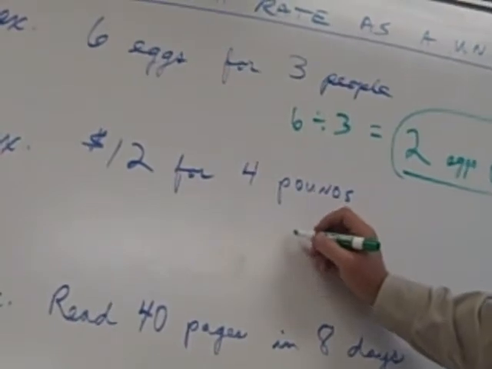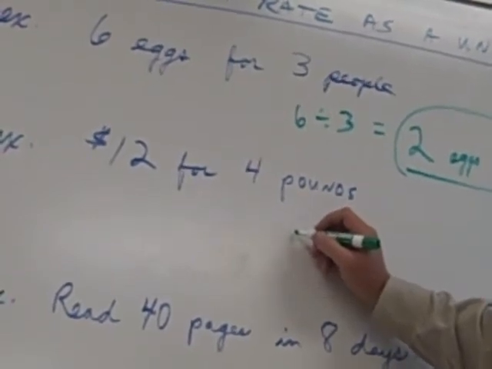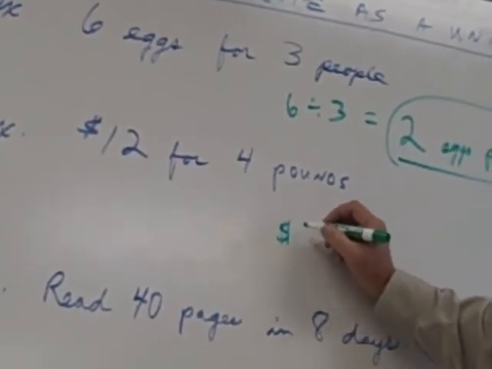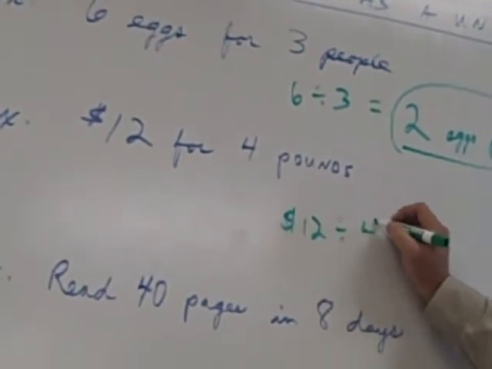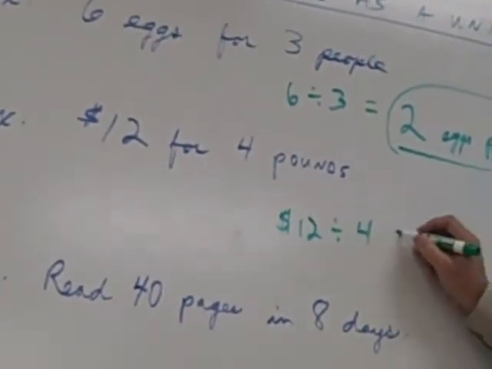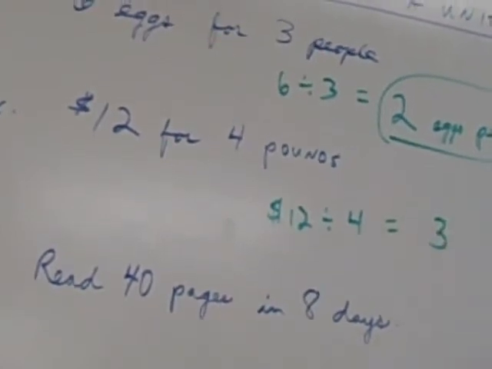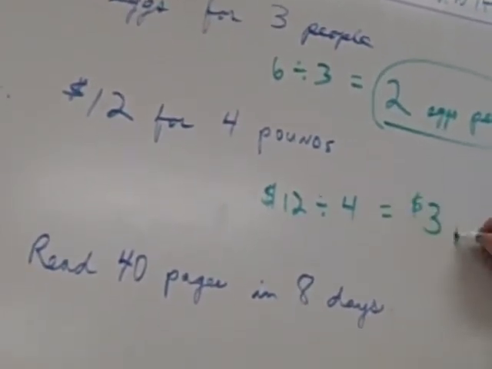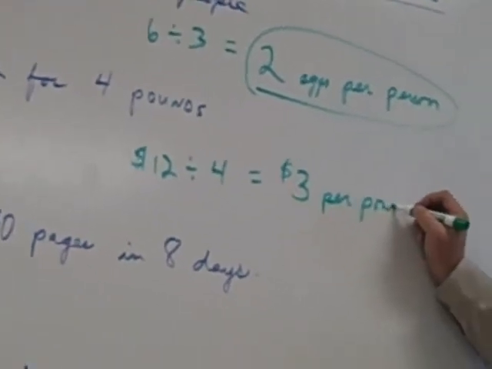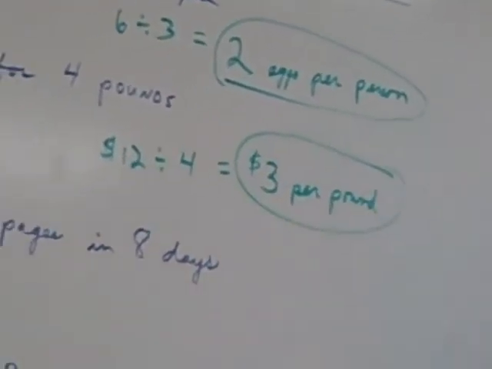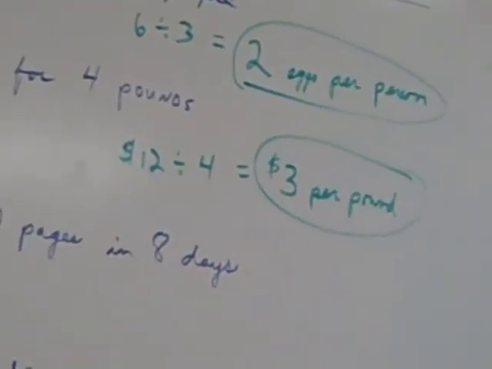So what's our hint? Take the money and divide it by the other number. And what do we have? 3. 3 what now? $3 per pound.